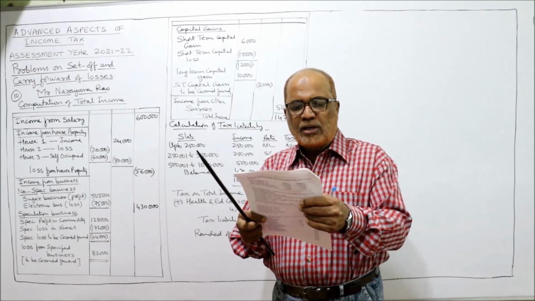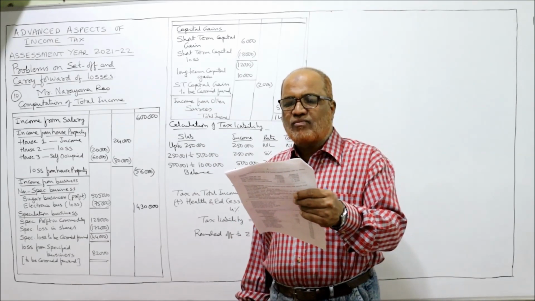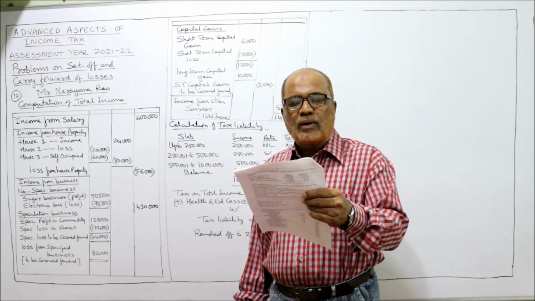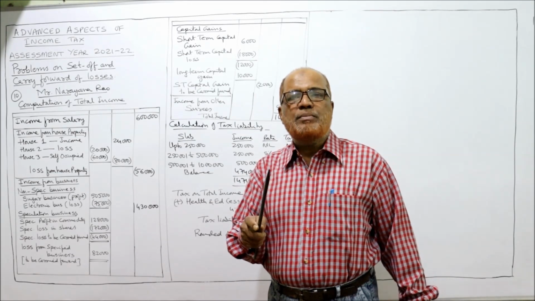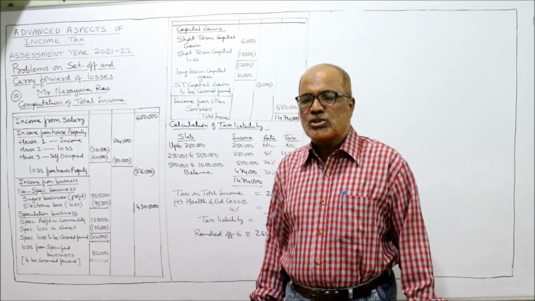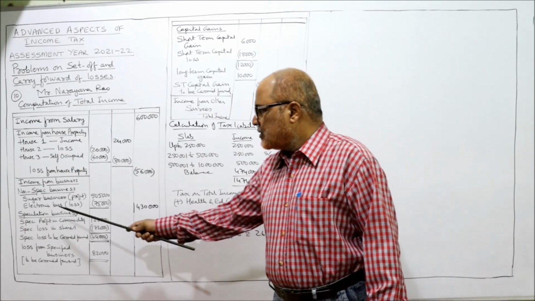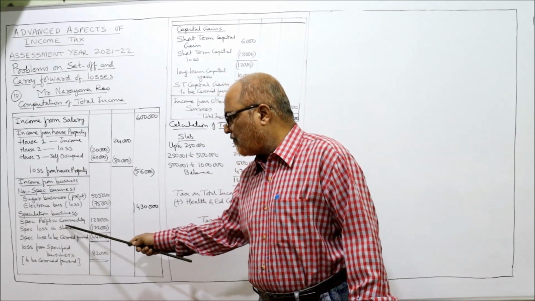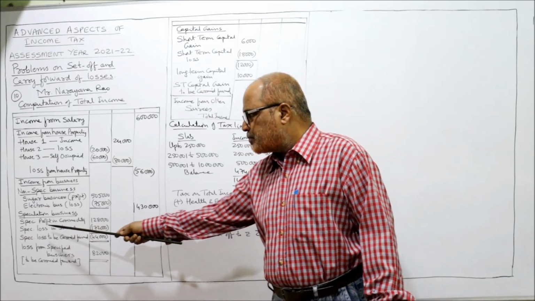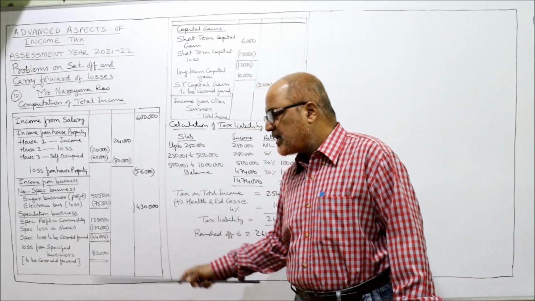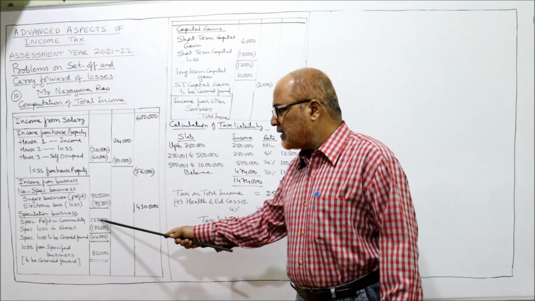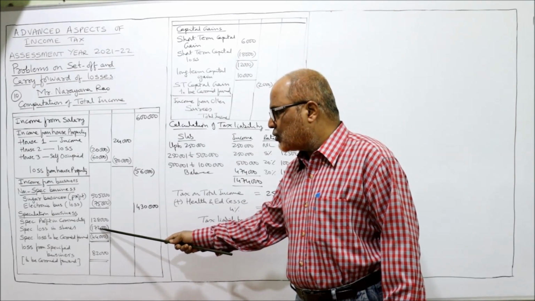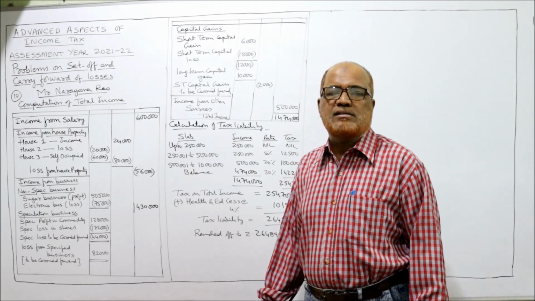Now what about speculation? Speculation loss in shares 1,72,000. Speculation profit in commodity. One speculation business profit, another business loss. We can set off. Speculation profit in commodity 1,28,000. Speculation loss in shares 1,72,000. Loss is more. So 1,28,000 minus 1,72,000, you will get 44,000 minus.